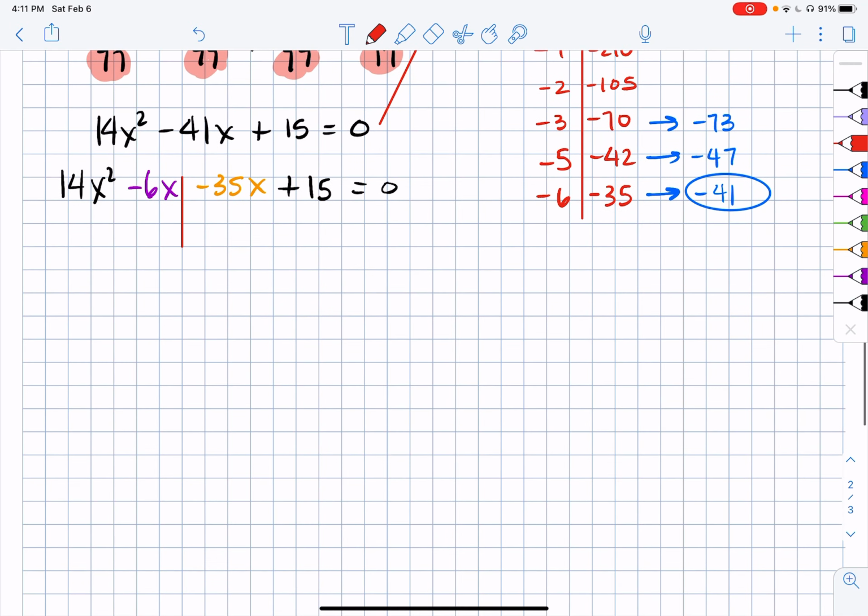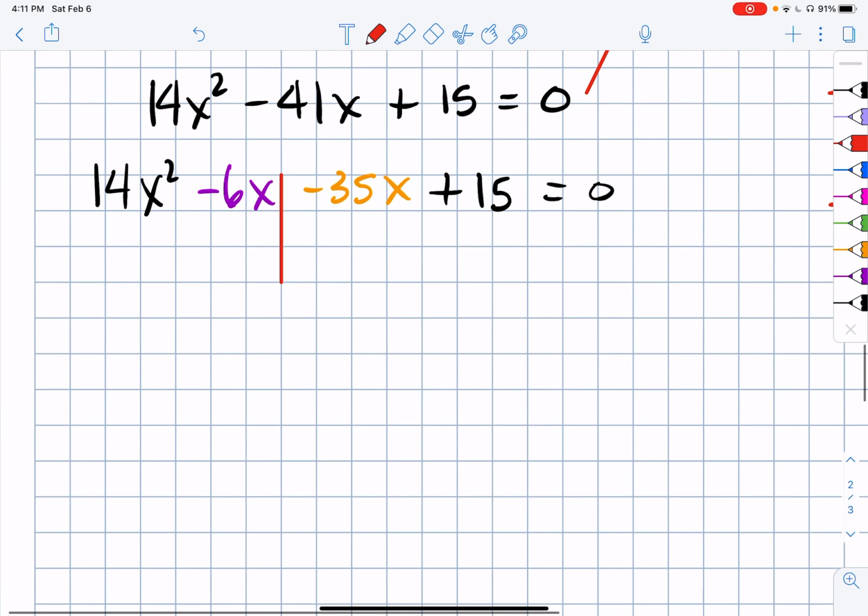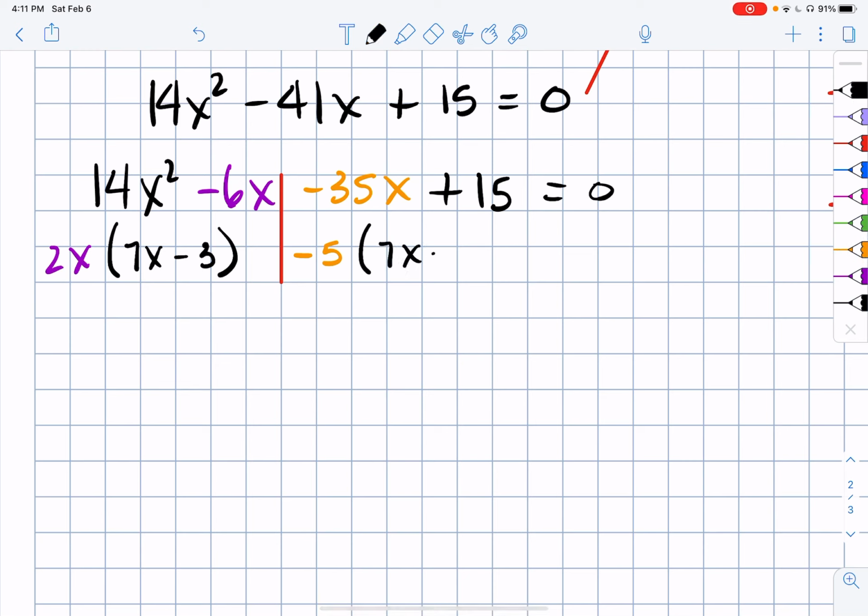So what's my GCF for the first group? 2x. What do I get left? I got 7x minus 3. What's my GCF for the second group? Since my third term is negative, I call it negative, and the GCF is 5. And what I have left is 7x minus 3, is equal to 0.